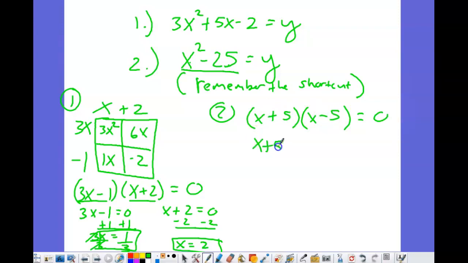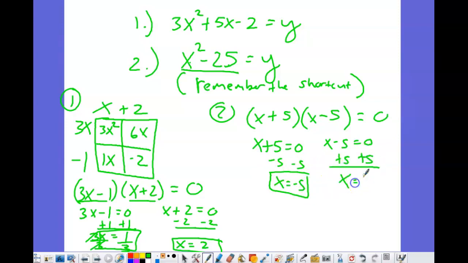So for this one, you set that one equal to 0. You set this one equal to 0. And you get x equals negative 5. And you get x equals positive 5.